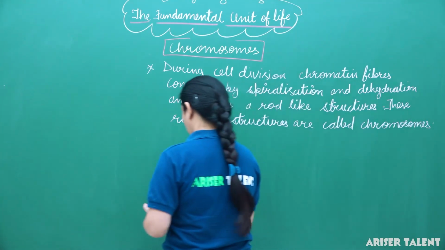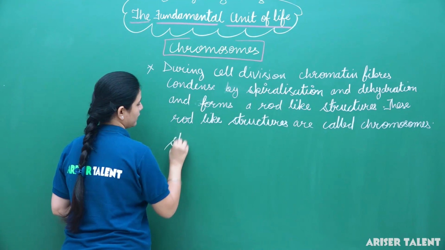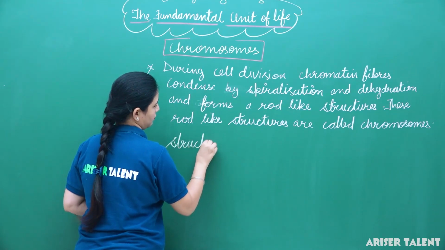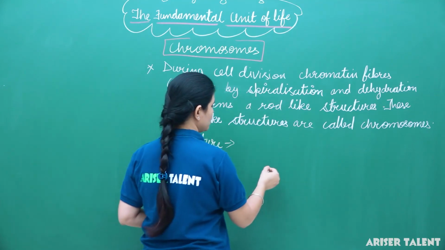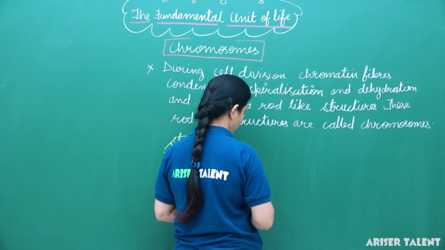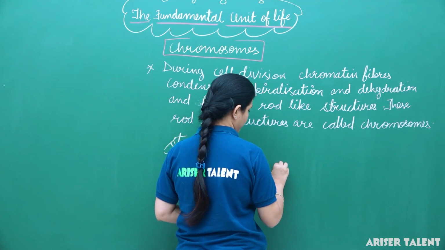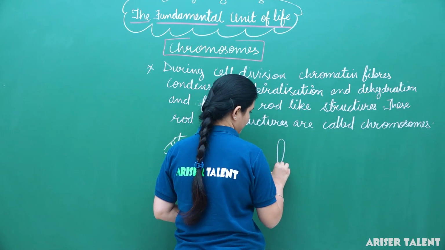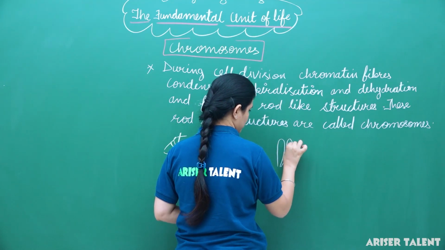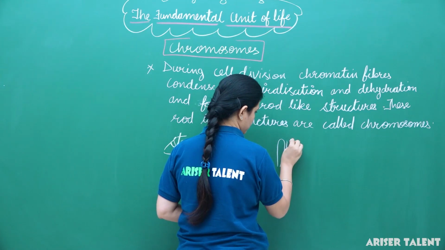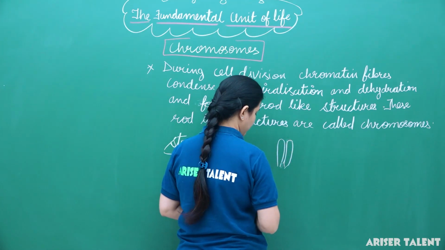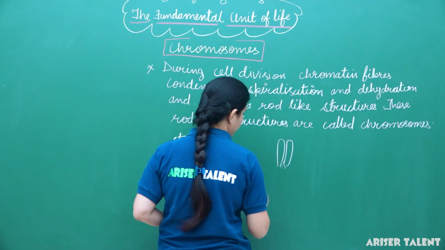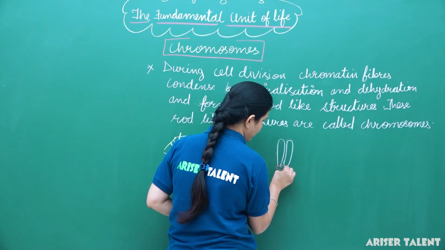Okay, so if we talk about the structure, here we can see its structure. The structure of a chromosome generally contains two arms, and in the center there is a light colored part, that is the centromere.